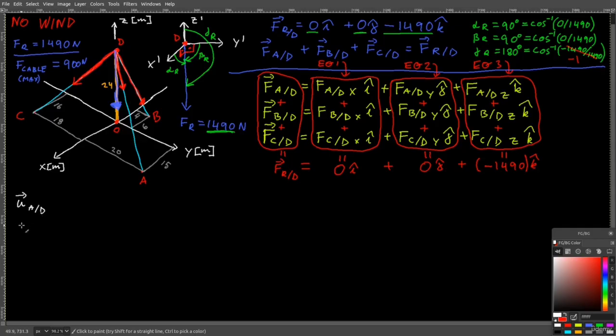However, if you remember, then you had 3 general unit vectors. UA with respect to D, UB with respect to D, and UC with respect to D. And thanks to these 3 unit vectors, I can write my force A with respect to D like this.